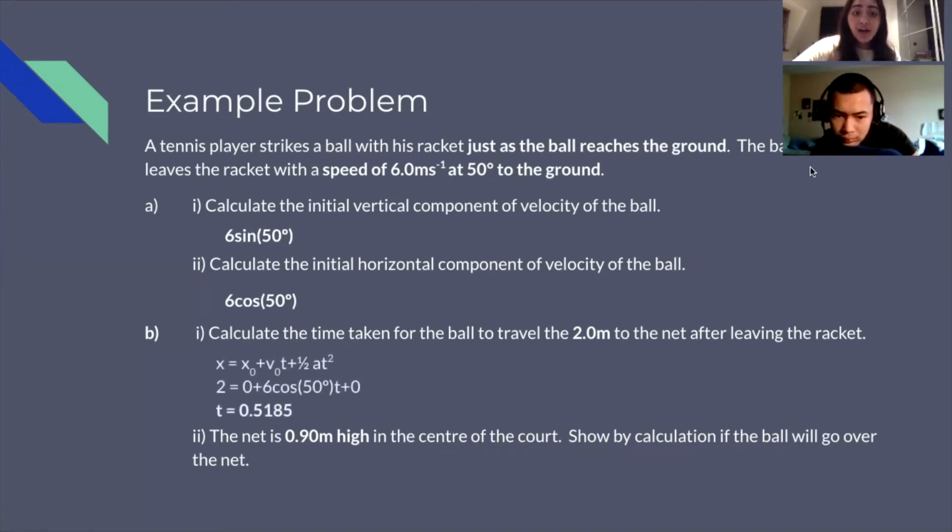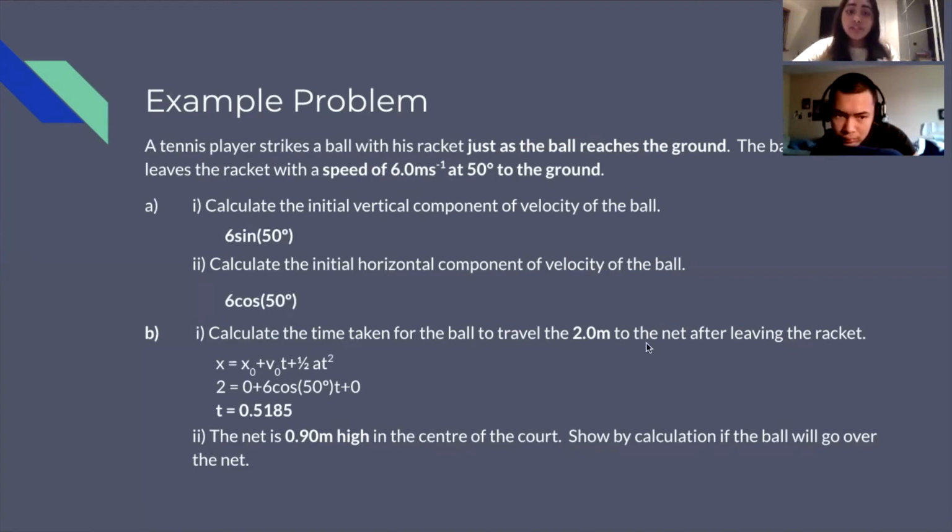And then calculate the time. So for this, it's again just using one of the kinematic formulas. And we can use the time that we have. Because it's almost at the ground, we can assume that the initial x is just 0. But we know that we need to find out what the time is when it's at 2 meters. Therefore, the final x is 2. The velocity, as we saw, is the horizontal because we're dealing with the horizontal movement.